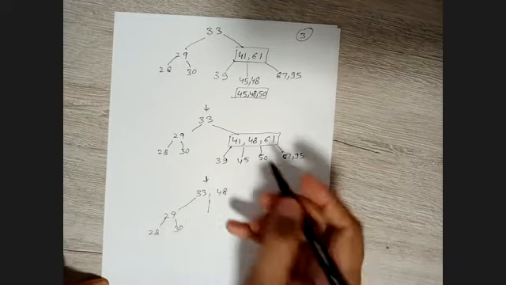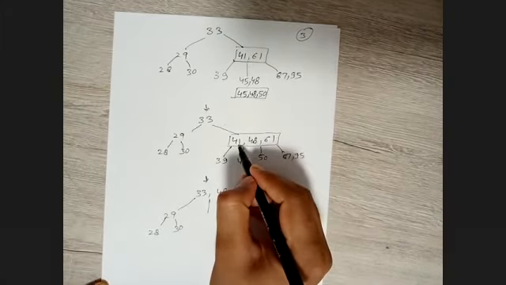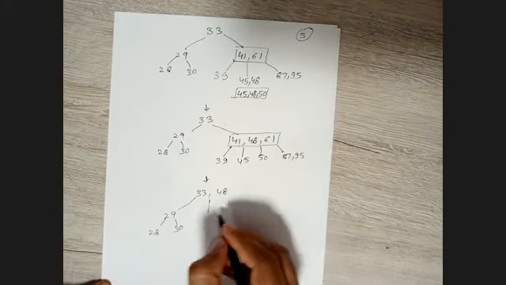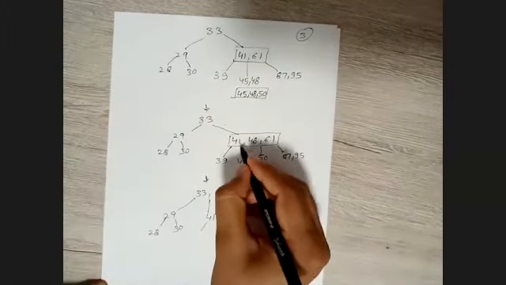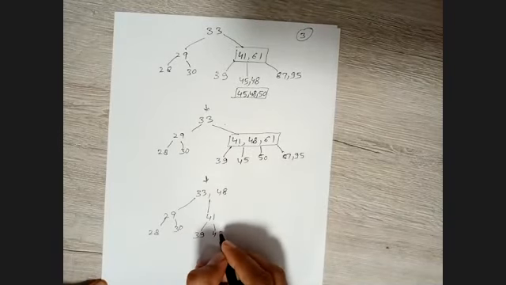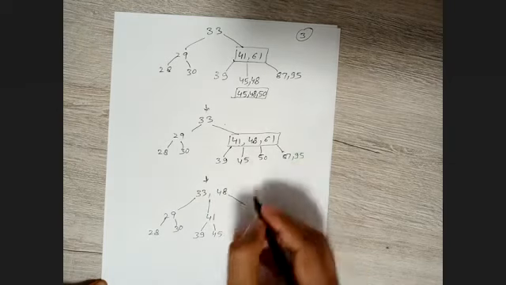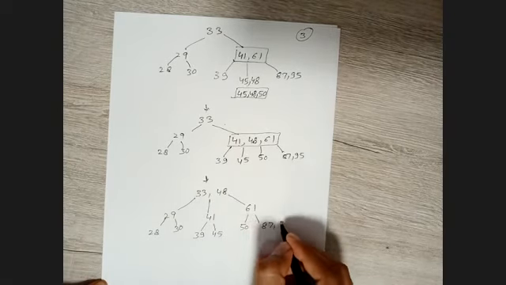For this one, 48 goes above, so we have 41 left over here. The branches of 41, the subtrees, remain as they are, 39 and 45. On this side we have 61 and the rest of the subtrees as they are.